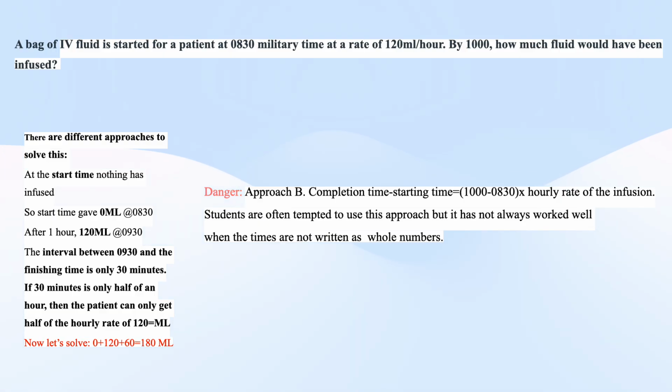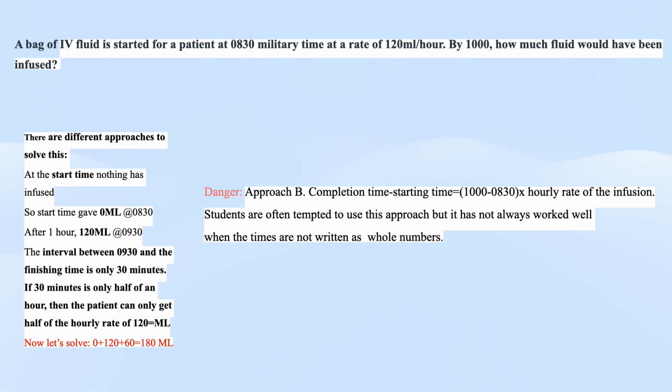Okay, so in this case we have a 0830. If this was 0900, it would make it easier for you to do the calculation. If it was 0800 even, it's easy to deduct that from 10, and we know we have exactly 2 hours, and then we'll multiply that by 120.